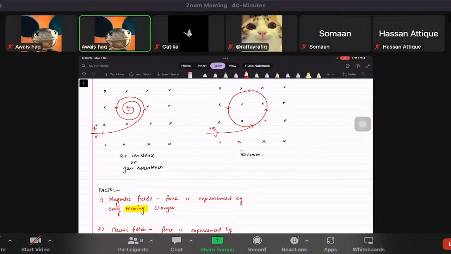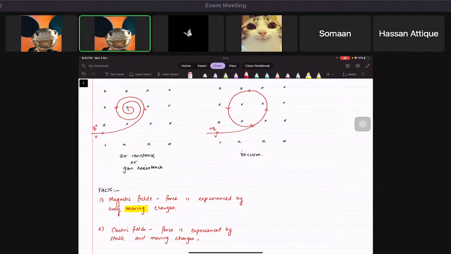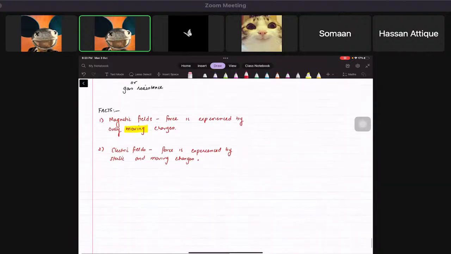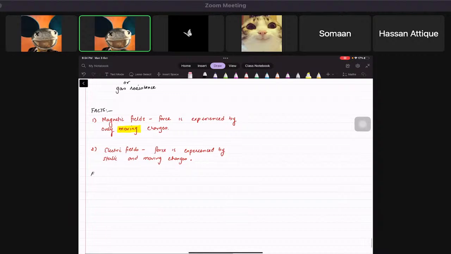So keeping that in mind, let's do a question and see whether we do understand that, okay? So the question says, for example, an electron travels from the left towards right.